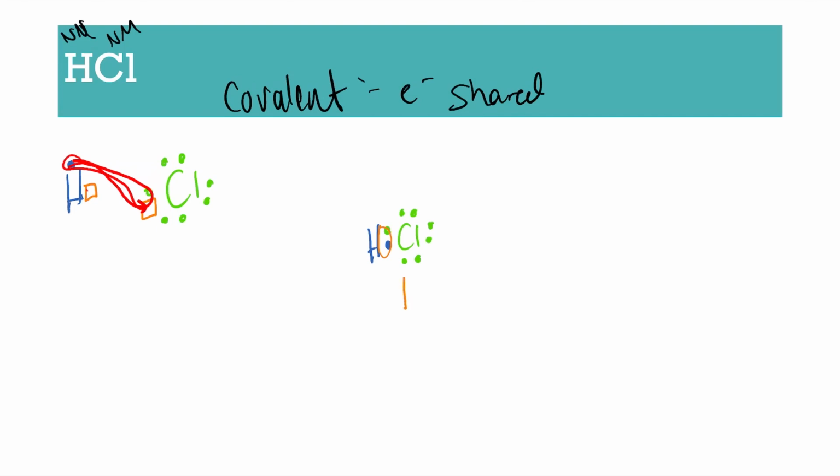So if we wanted to redraw this to simplify it a bit, you can. Whenever you have 2 dots that are shared, 2 electrons or one pair, we can show that with one line, just like that. With chlorine, now if we're talking about dot structures, you do need your dots.